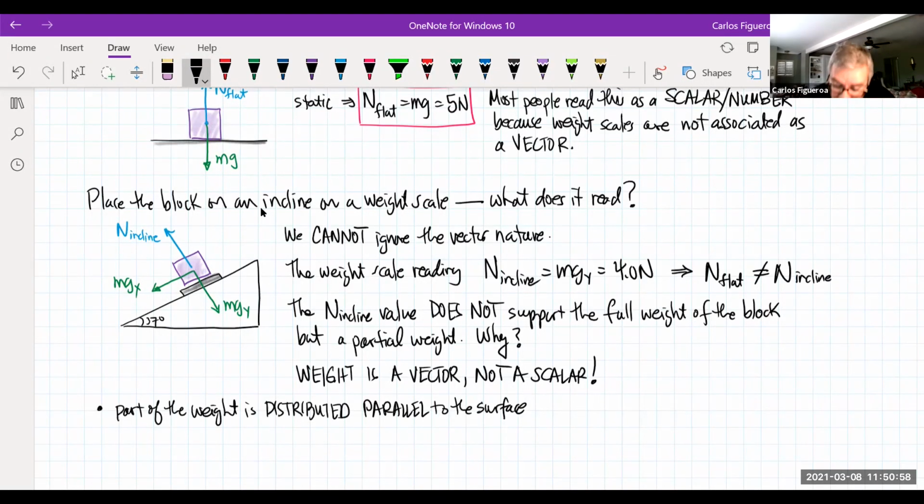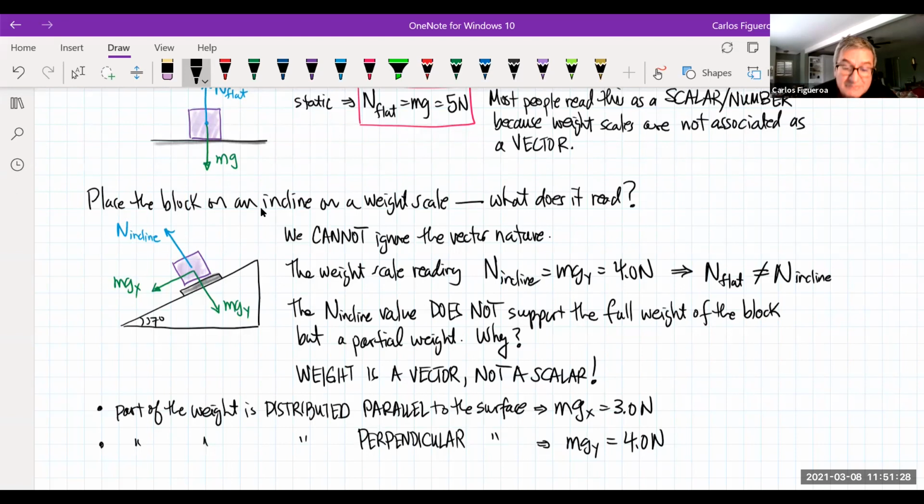Part of the weight is along the x direction, which is 3 newtons. And then part of the weight is distributed where? Perpendicular to the surface. And when you look at this, you're getting mgy as 4 newtons.